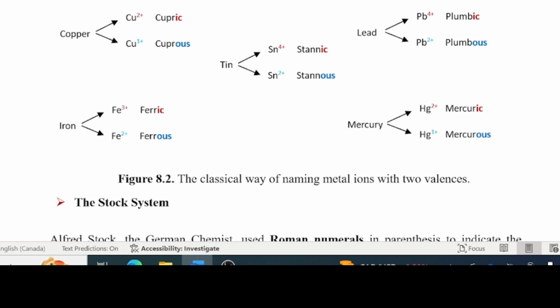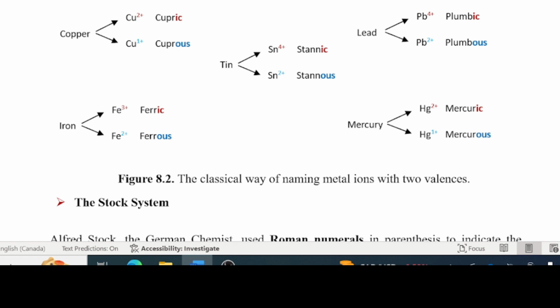Iron, 3 plus, 2 plus, ferric, ferrous. Tin, 4 plus, stannic, 2 plus, stannous. Lead, plumbic, plumbous. Mercury, mercuric, mercurous.